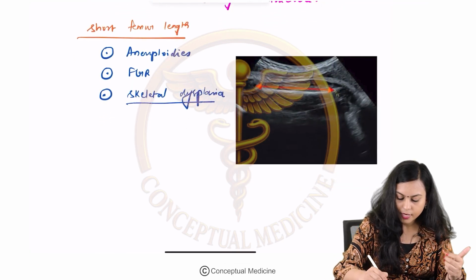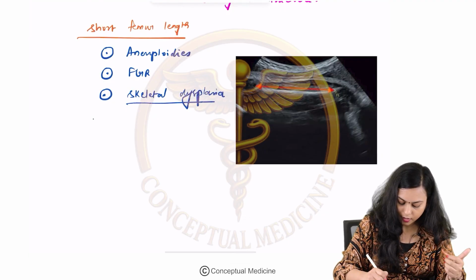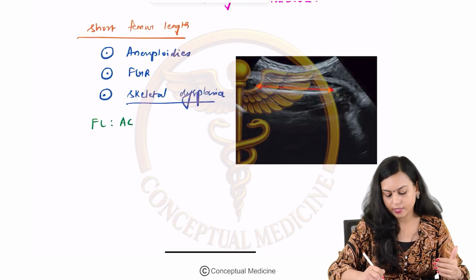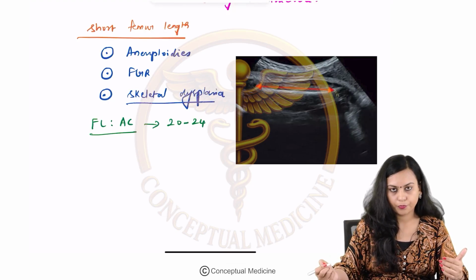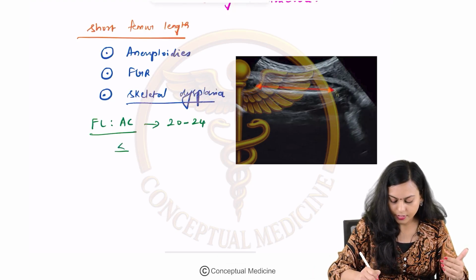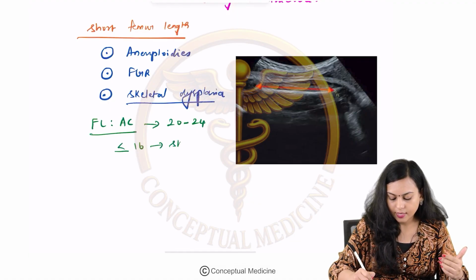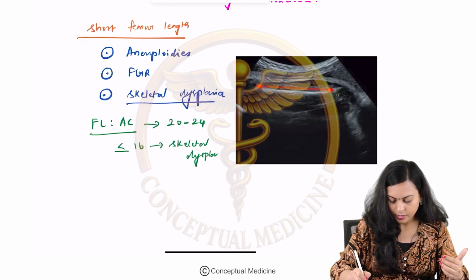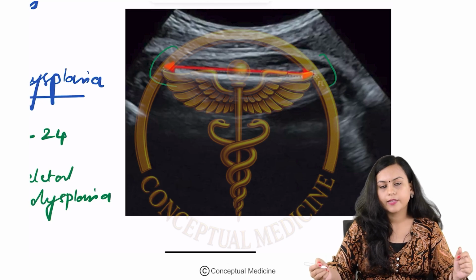So, for determining skeletal dysplasia, there can be a comparison between femur length and abdominal circumference. Normally, this femur length to abdominal circumference ratio range is between 20 to 24. Okay. Suppose if it becomes 16 or less than that, then you can say there is skeletal dysplasia.